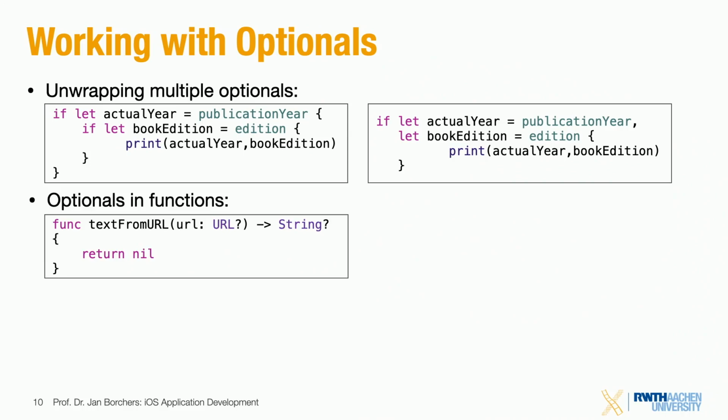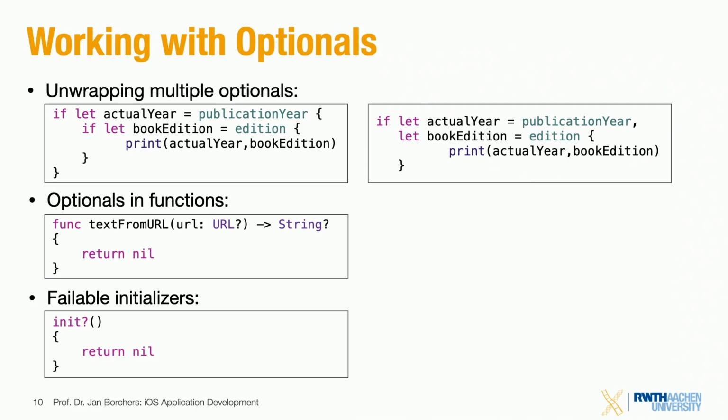Optionals are also often used in functions where the return value is an optional, so that from within the function you can also return nil if something was not working, and also for your initializers. For the initializer, it's actually a question mark after the init keyword.